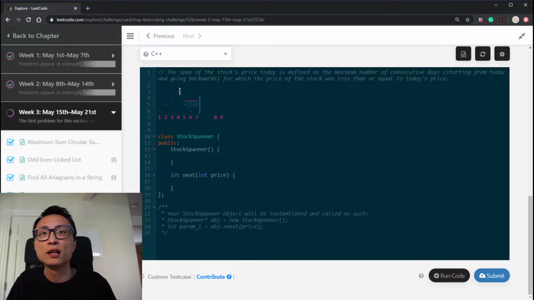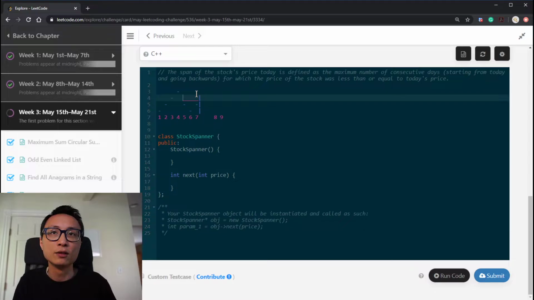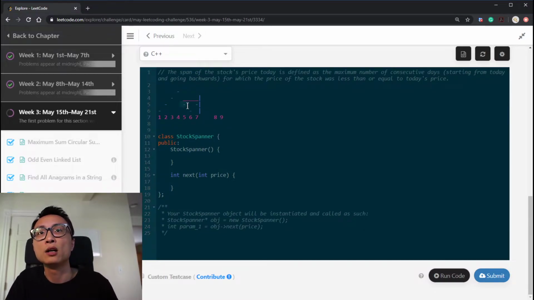Go towards the left and count how many of those little bars we can have before we find a price that's higher than this horizontal line. We can count 3, so we return 3 for this given day.